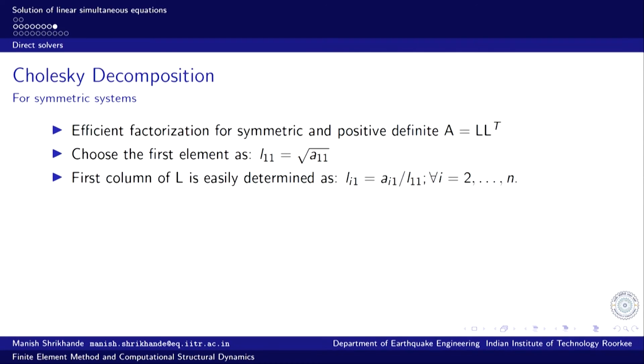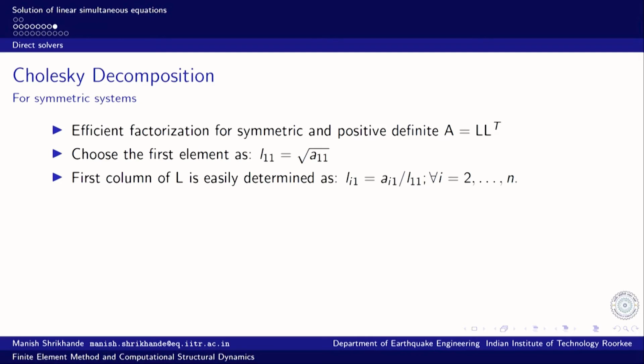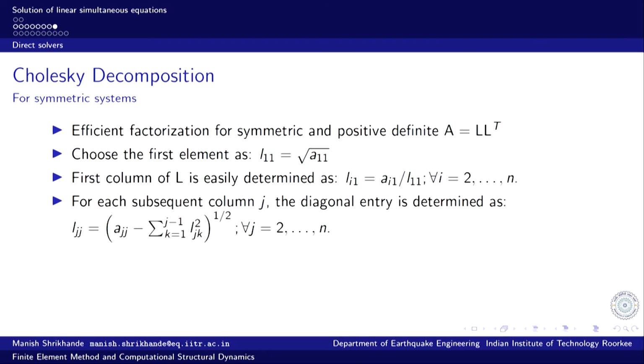So, L11 is computed as the square root of A11, and then the rest of the elements of the first column can be computed by simply taking the ratio of Ai1 divided by L11, and similarly the subsequent column j can be arranged by this standard algorithm.